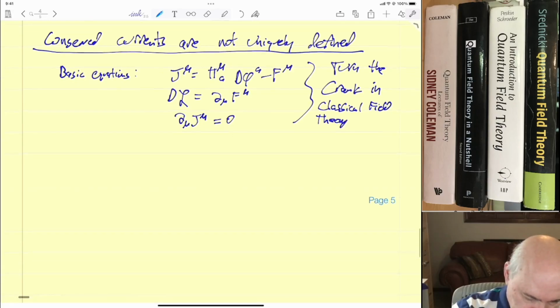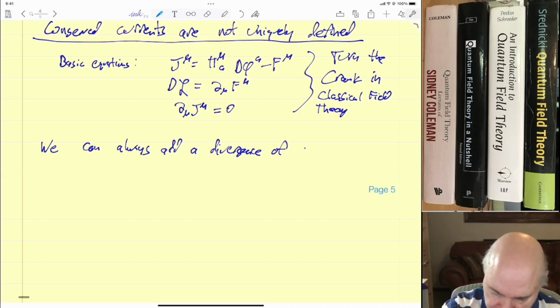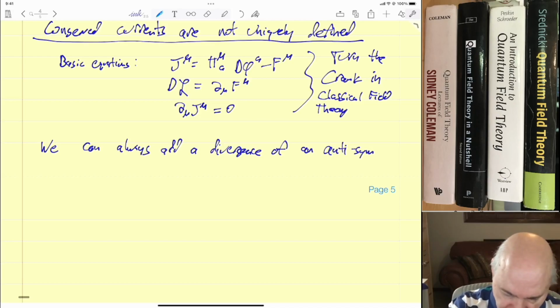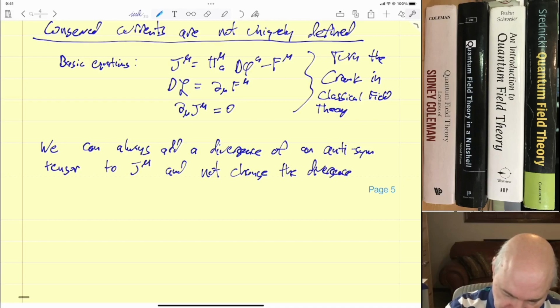And to show it's not unique, we can always add a divergence of an anti-symmetric tensor to J mu, and not change the divergence of J mu.